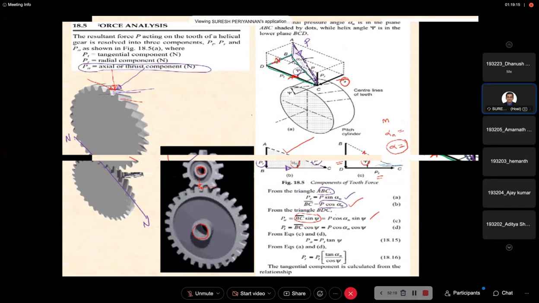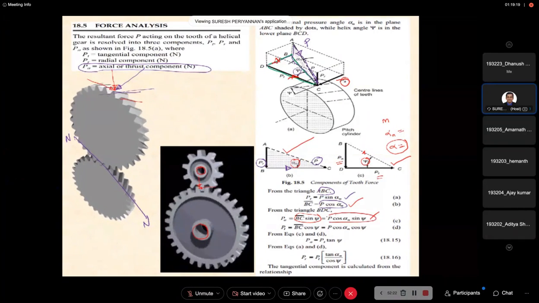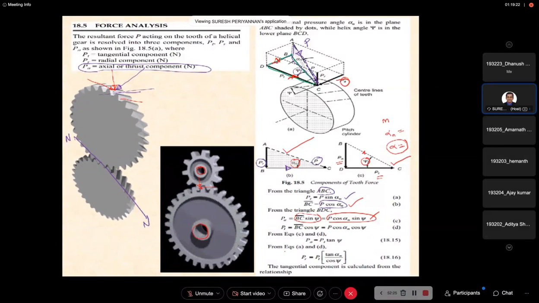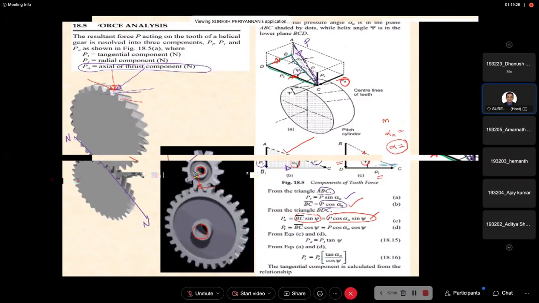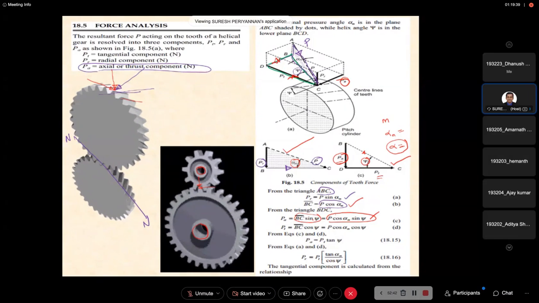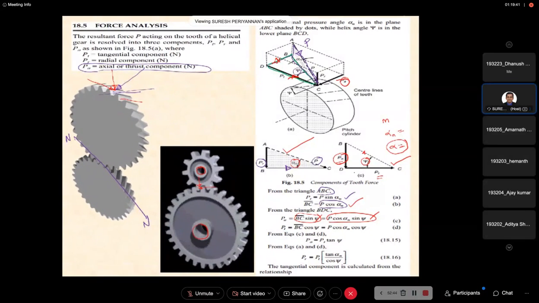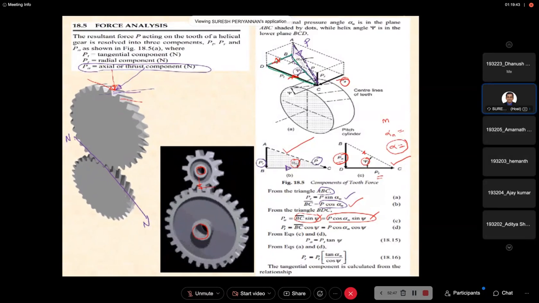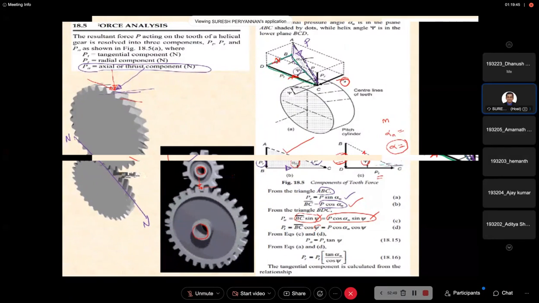Now from this triangle BDC, we are able to find the axial thrust component PA, BC into sine alpha. Now PT is BC into cos psi from this triangle.